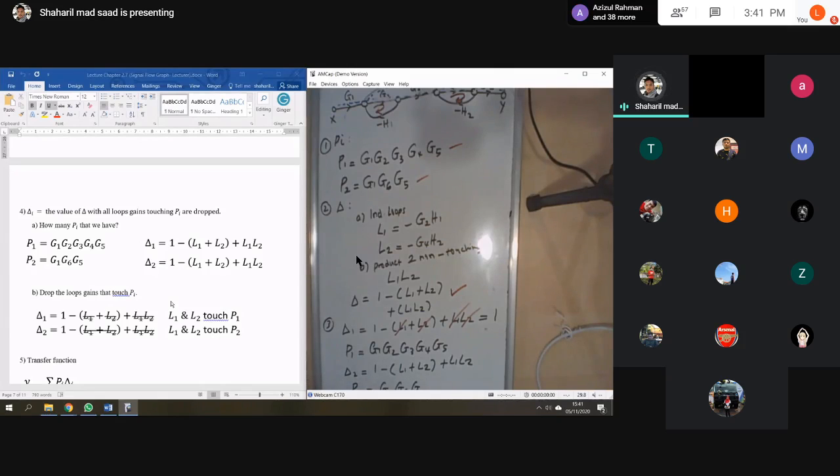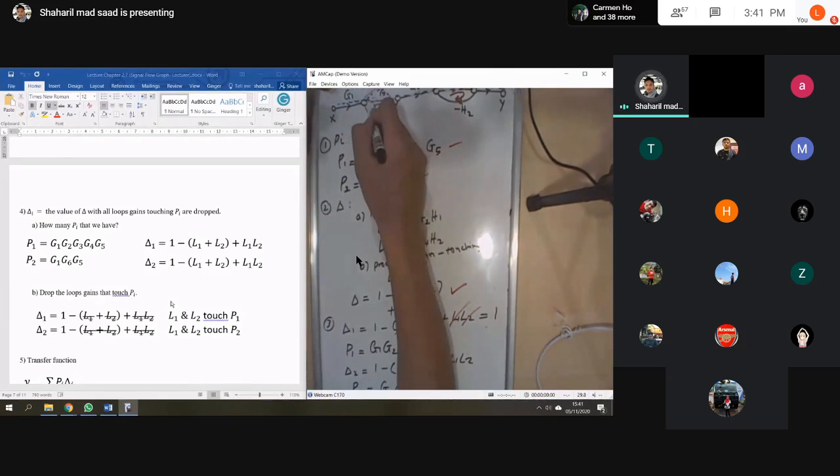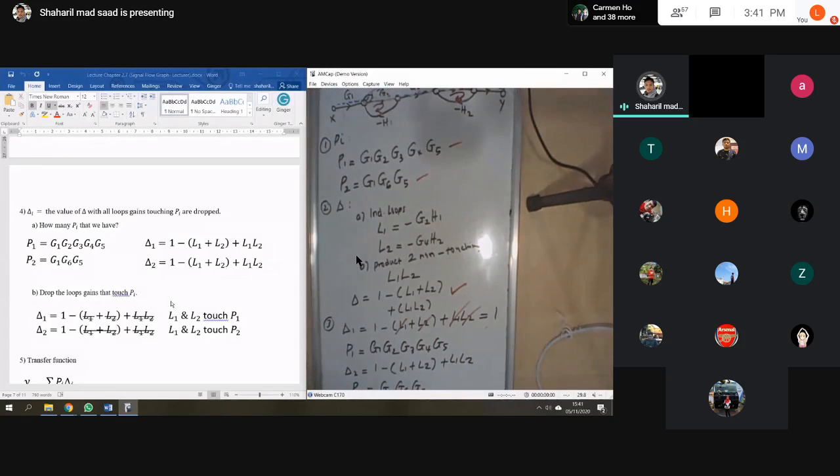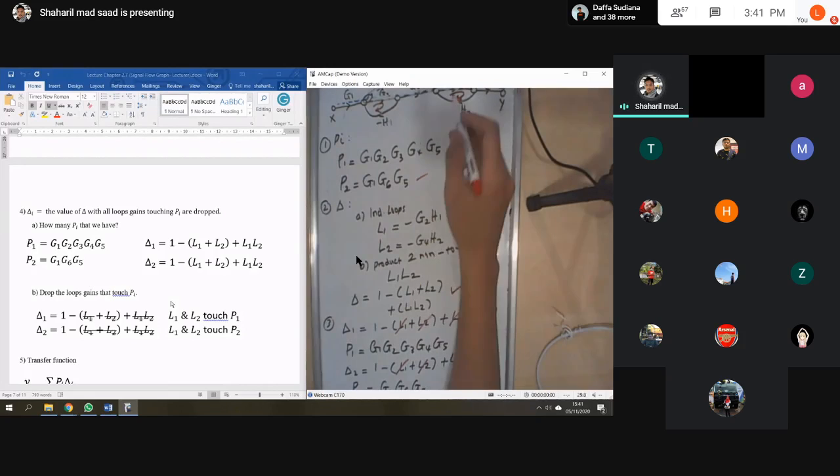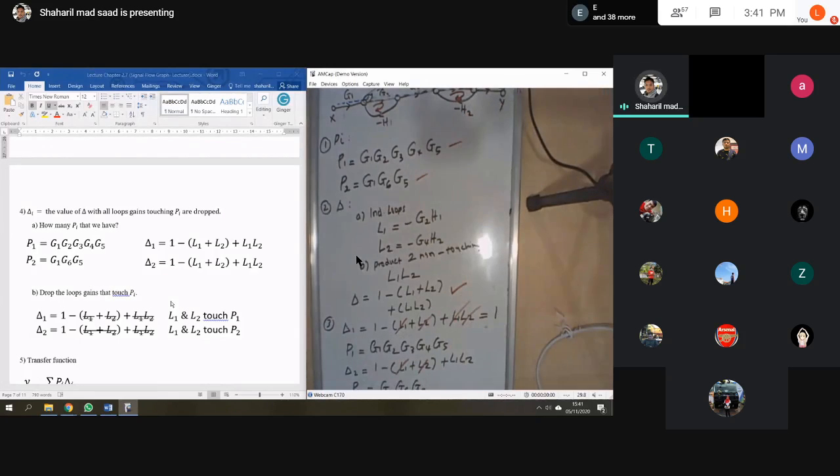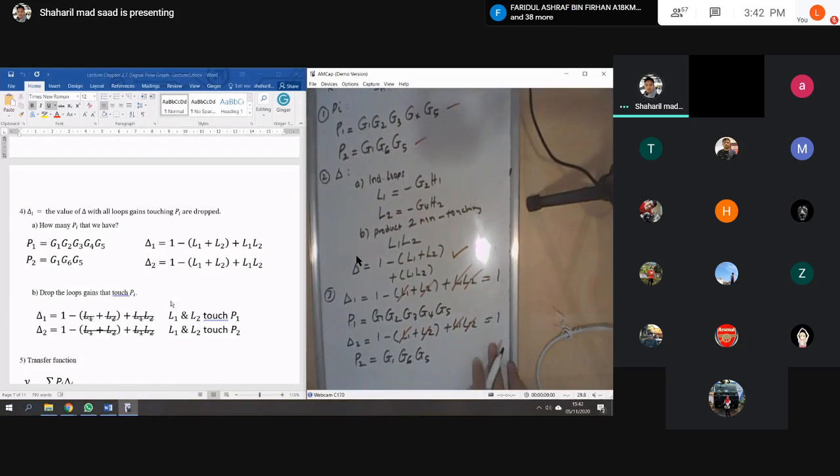Okay. So if you look at this one, yep, this loop touches at this one. So that means you can drop L1. Okay. So L2 you also can drop, right? Because it also touches this one. Then you drop, and then you can just leave 1. Okay. Boleh tak? So far so good? Faham tak ni? So far so good.